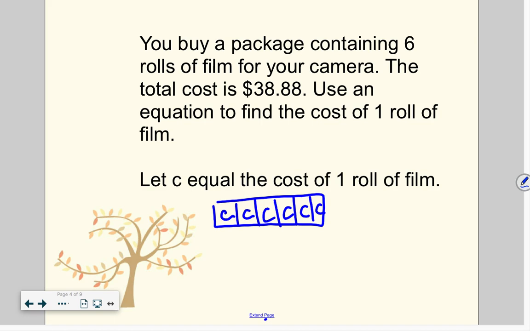There's 6 rolls there, and each roll is a price of C dollars. The total price of that is $38.88. Draw that story problem diagram. I'm going to redraw it and move it down a little bit.